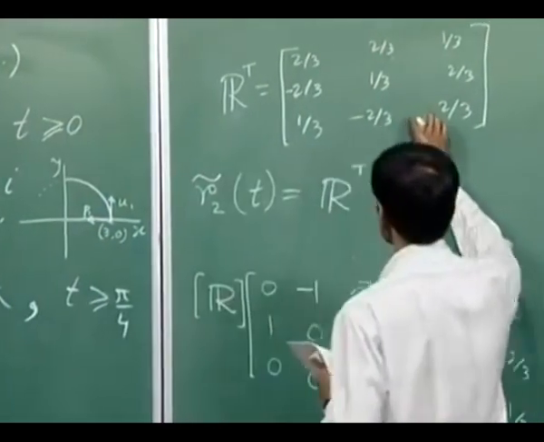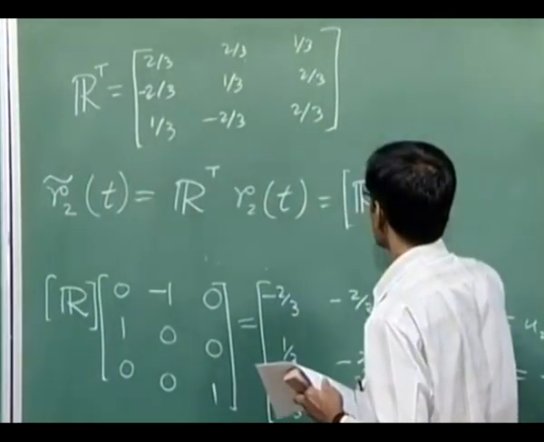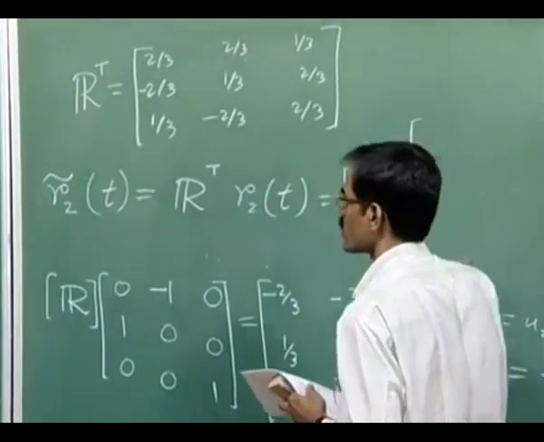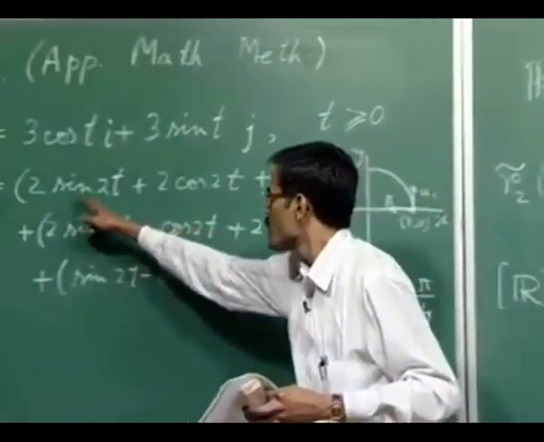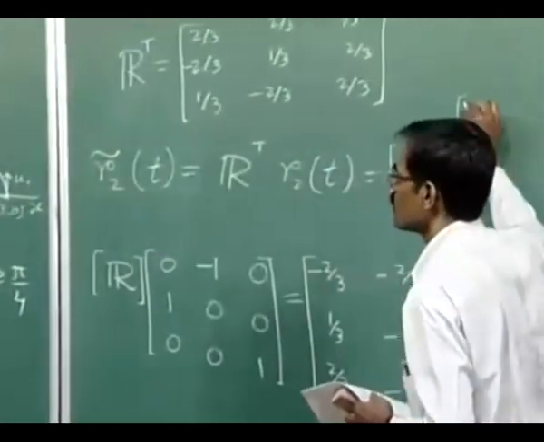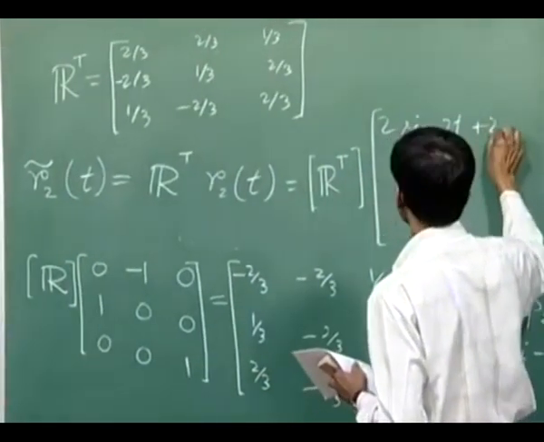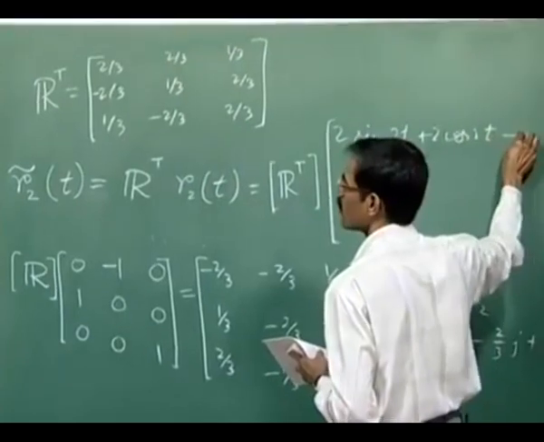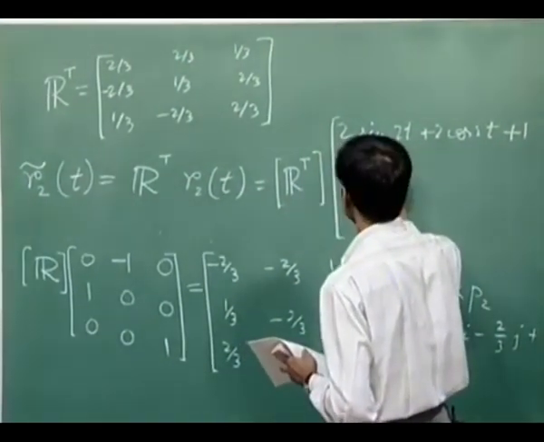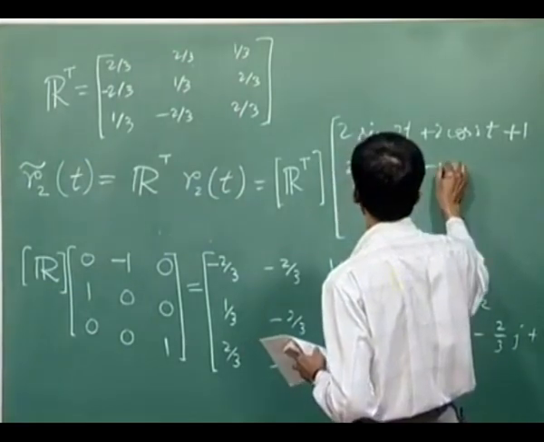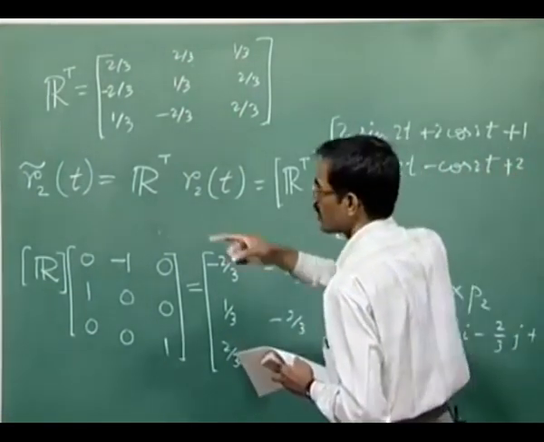So, that means that this matrix multiplied to the vector. Now, this i j k, the way it is written, the first entry will be here, the second entry, the j entry, will come here, and the k entry will come here.